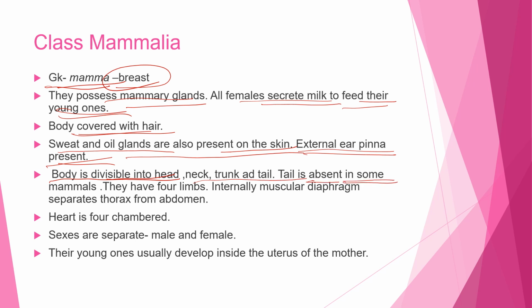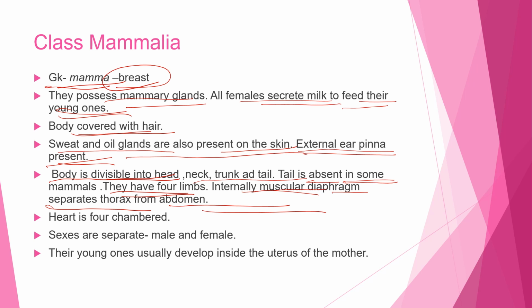The tail is absent in some mammals, whereas in some it is present. They have four limbs, and internally a muscular diaphragm separates the thorax from the abdomen. If you cut open the body, you can see that the diaphragm separates the thorax from the abdominal region.